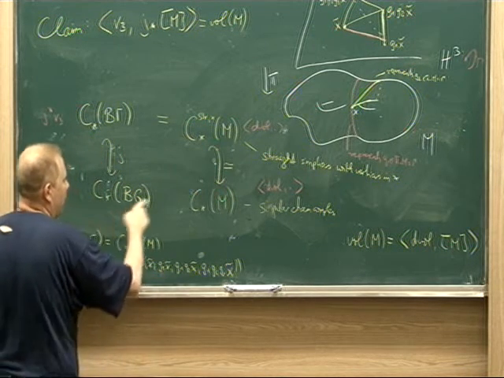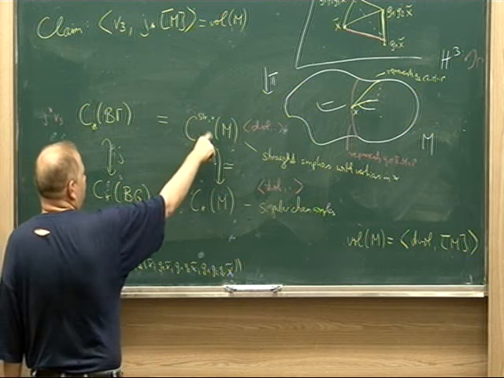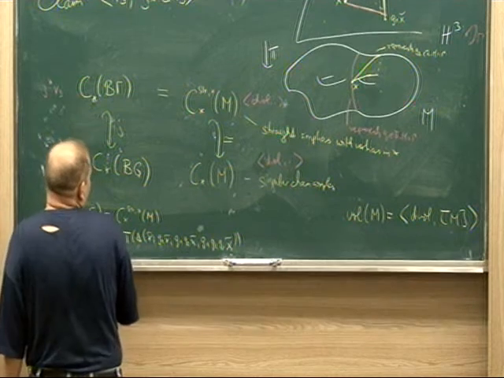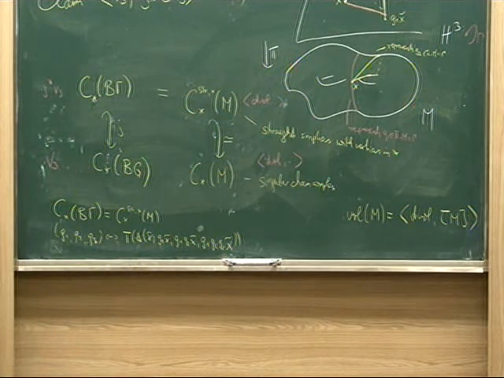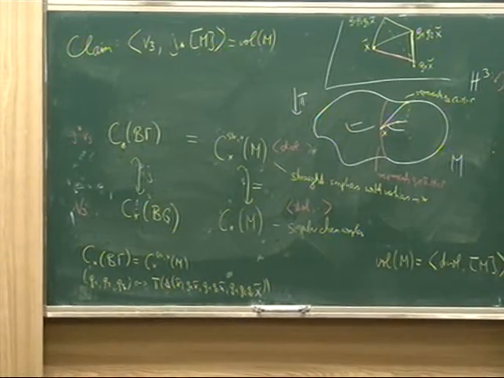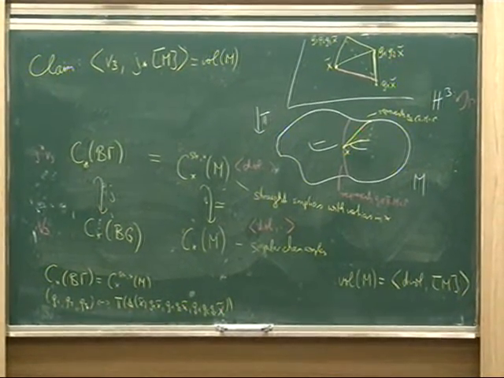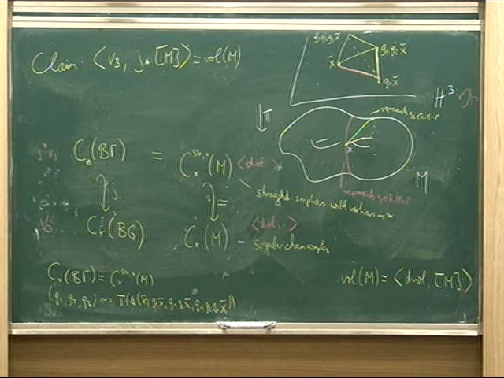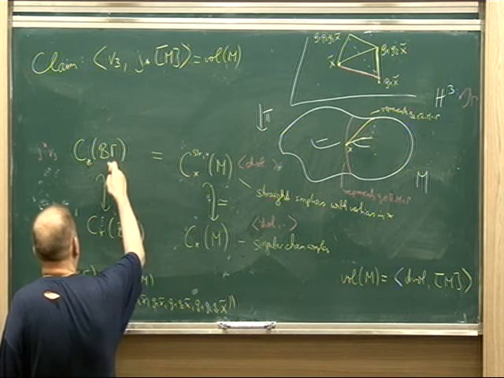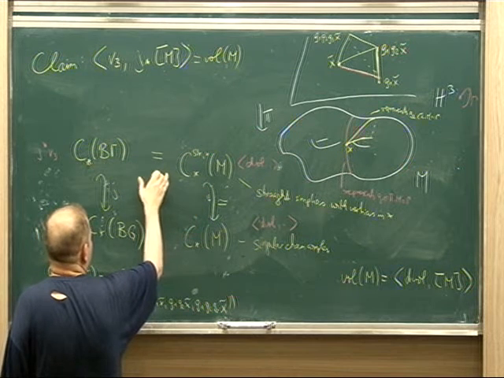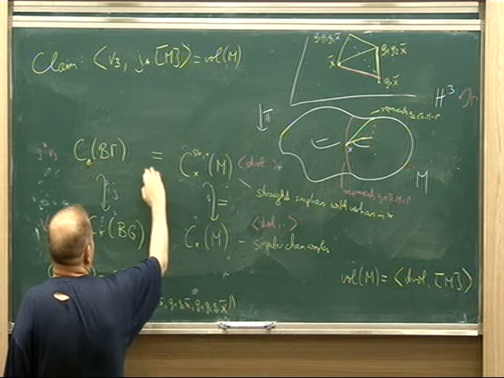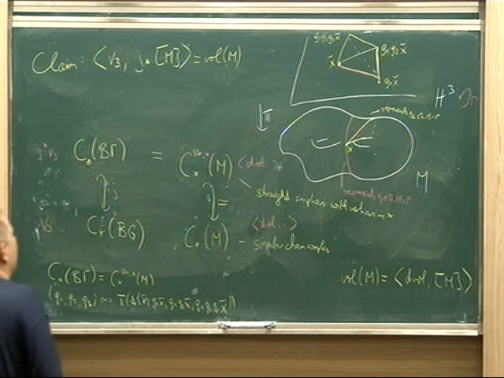So actually, the homology can be computed also in the smaller complex. The fundamental class has some pre-image here, and so this is an explicit realization of the isomorphism between homology of gamma and homology of M. In fact, this is essentially how one defines the isomorphism in general for aspheric manifolds.